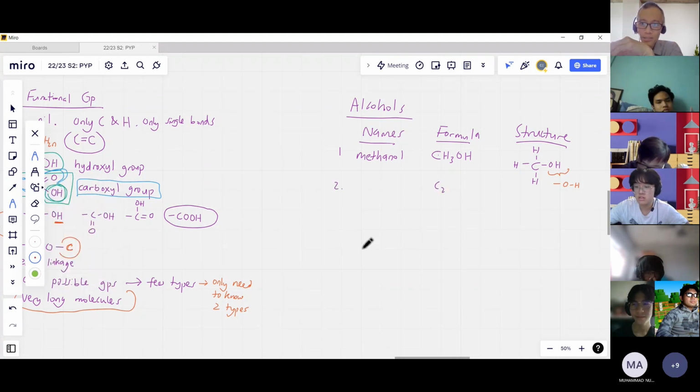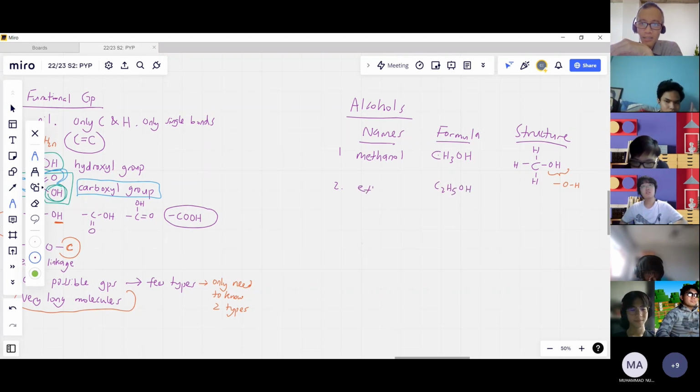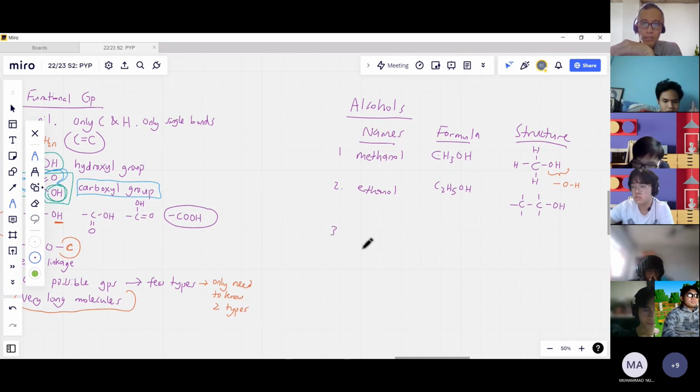Yes, good. I repeat, you're supposed to know the name, formula, and the structure too. Okay, as I said in class, I will leave out the H in the structure, but in your exam or test, you need to draw or add in all the H as well. Okay, third one.